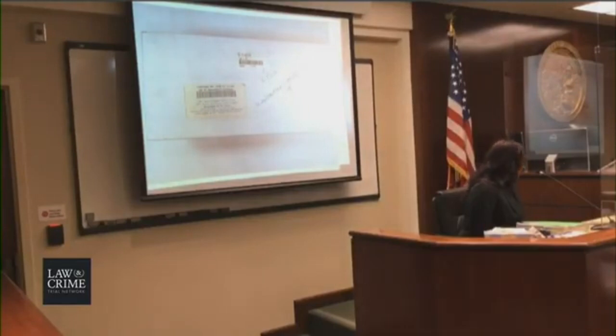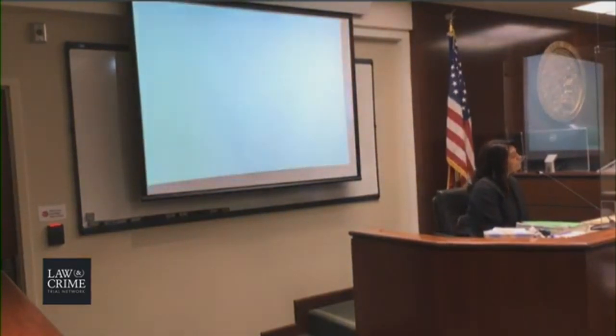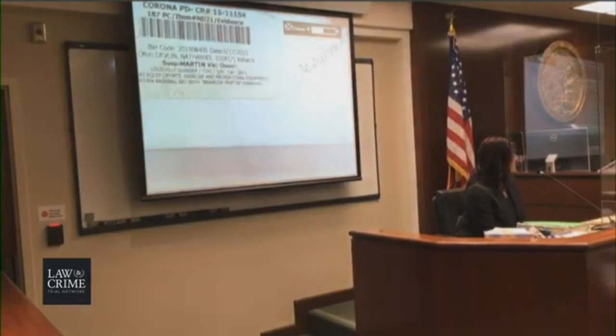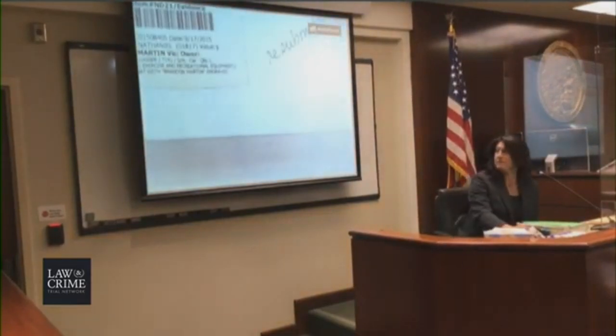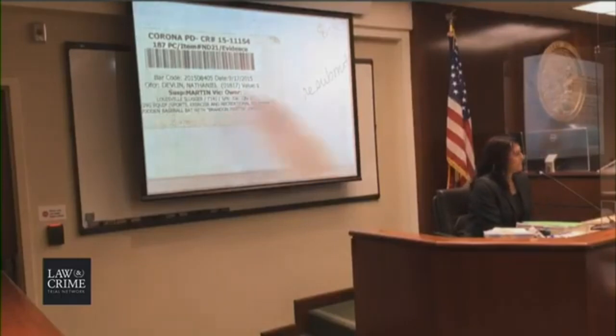I believe the item number is ND21, and it contained a baseball bat. As I zoom in, do you see where it states ND21 is the item number? Yes, just above the barcode. Item number ND21, correct? That's correct.